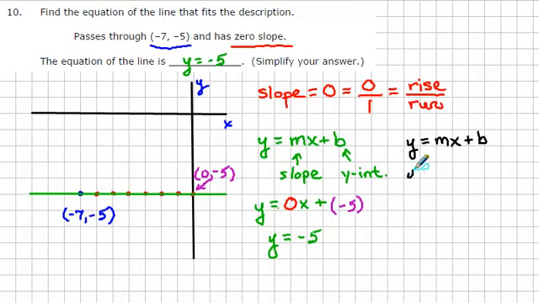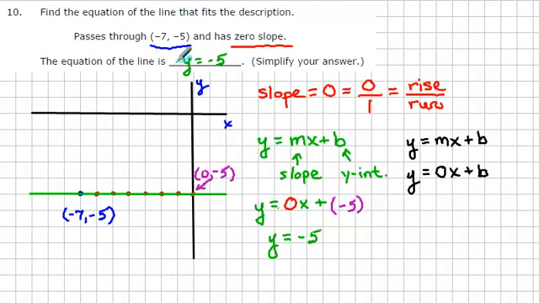So we would have y is equal to 0x plus b. And then this equation has to be true for any point that is on the line. And we know that the point negative 7, negative 5 is on the line. So what we could do is to substitute negative 7 for x and negative 5 for y.